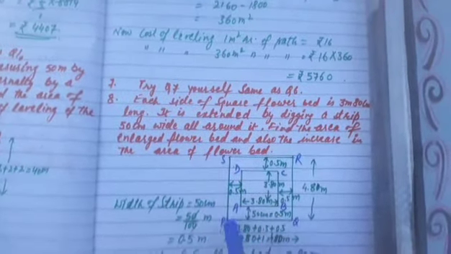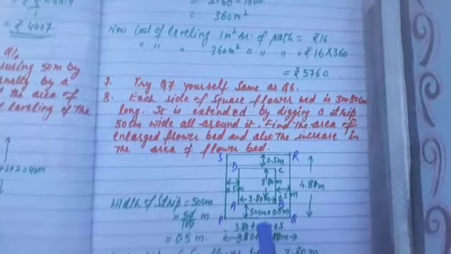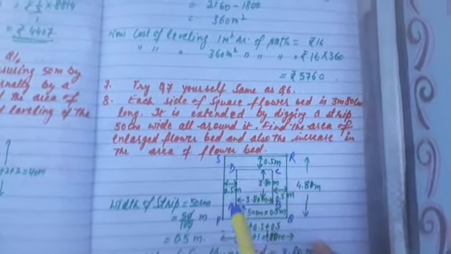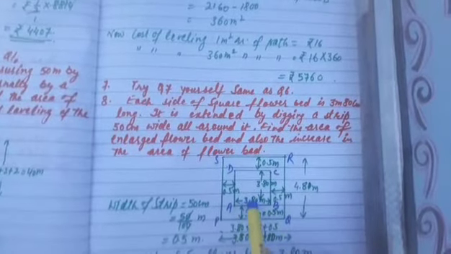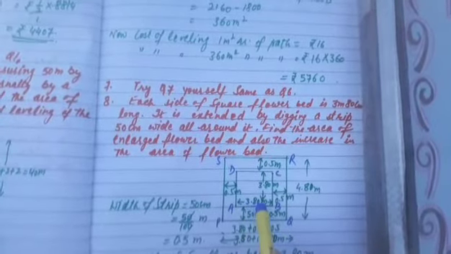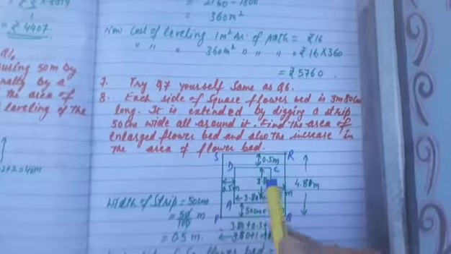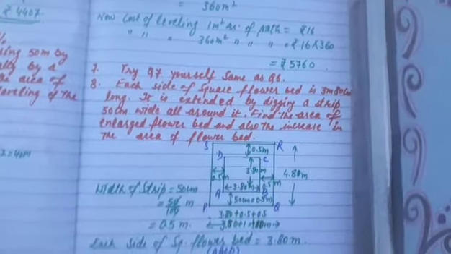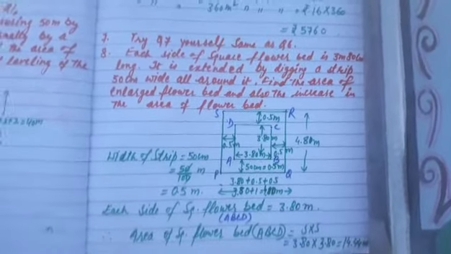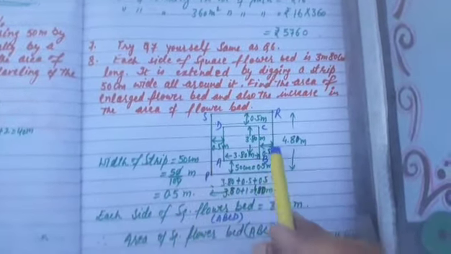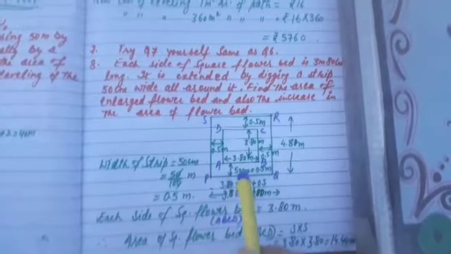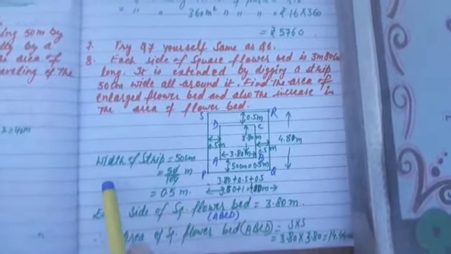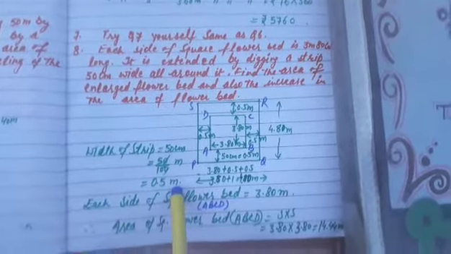So there is a square flower bed ABCD, having each side 3 meter and 80 centimeter, which is 3.80 meter. All these sides are the same. The width of this strip is given as 50 centimeter. When we change it into meter, it is 0.5 meter.